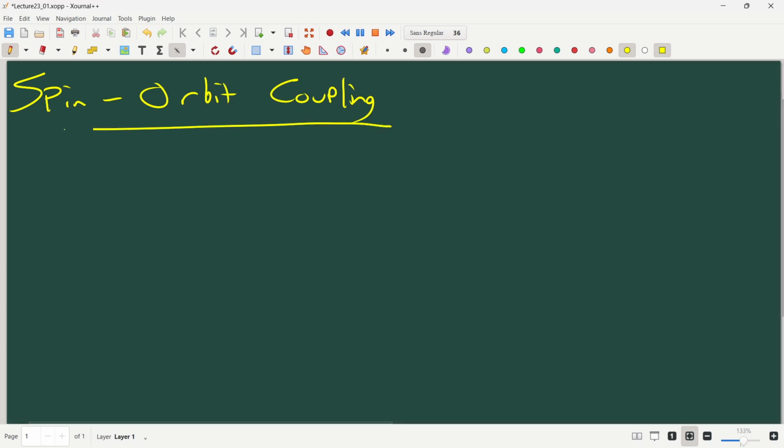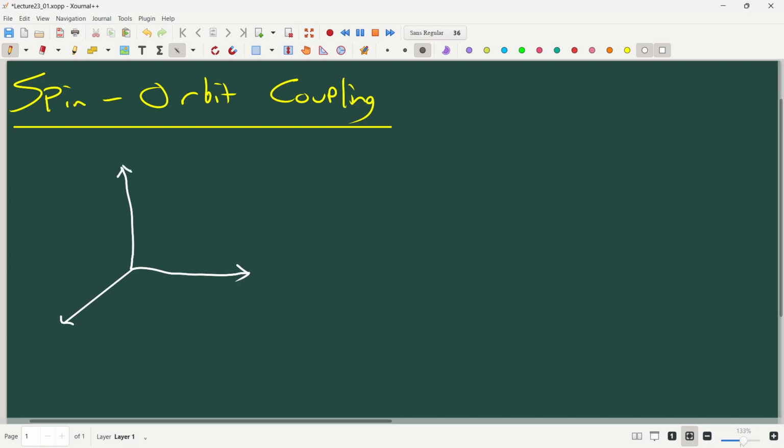So let's just recap again this idea of spin-orbit coupling. We put our system on a 3-dimensional axis system, like we always do. This is going to be our vector space.